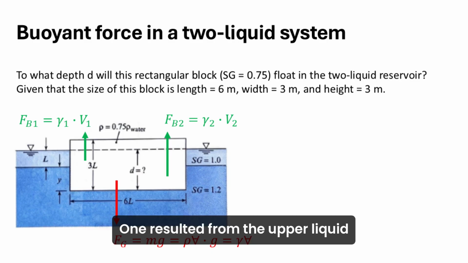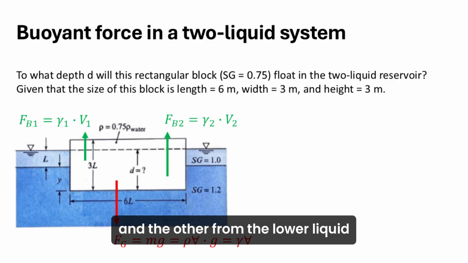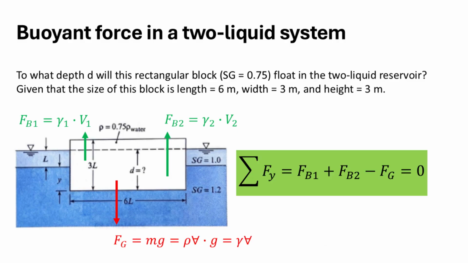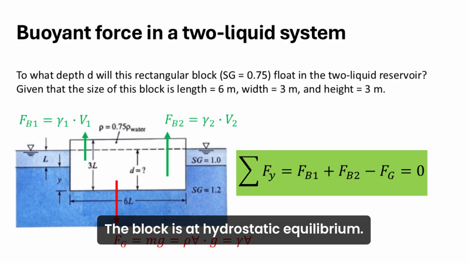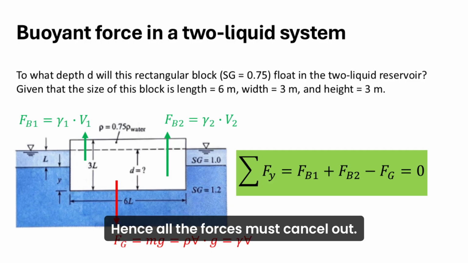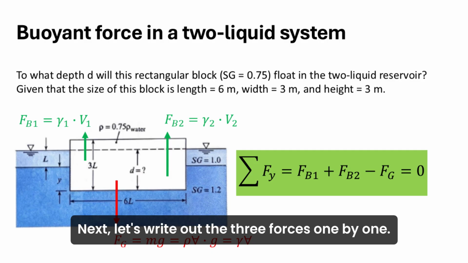One results from the upper liquid with a specific gravity of 1.0, and the other from the lower liquid with a specific gravity of 1.2. Along the vertical direction, the block is at hydrostatic equilibrium. Hence, all the forces must cancel out. Next, let's write out the three forces one by one.